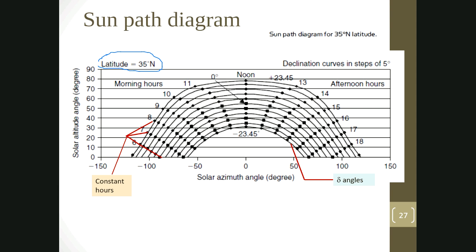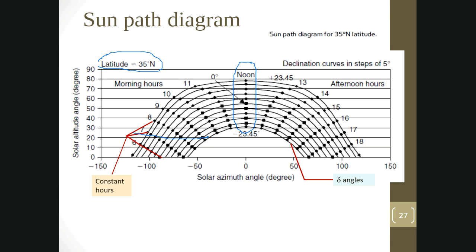If I want to know the altitude, I simply go to the day or the month, say December, check the hour, and find the solar altitude and solar azimuth.